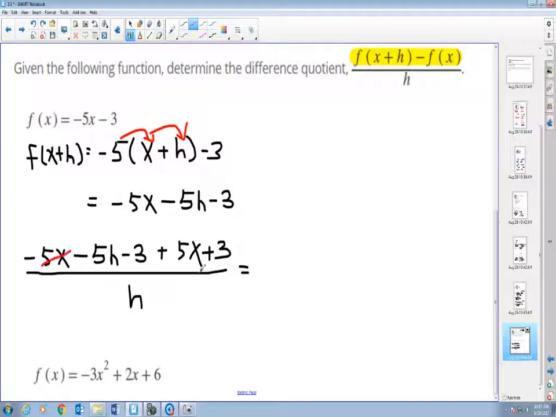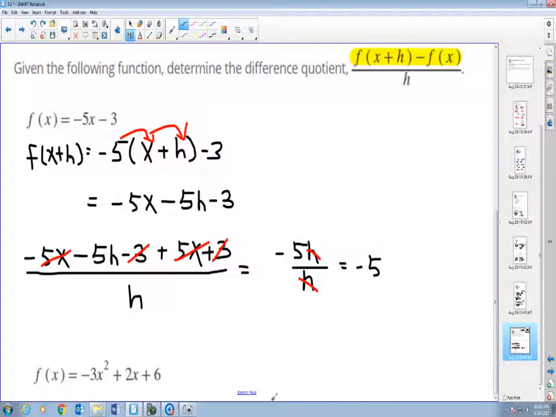The negative 5x plus 5x will cancel out. Negative 3 plus 3 will cancel out. So now I got negative 5h on top over h in the bottom. Since I already have one term over one term, I can reduce my h. So my final answer would just be negative 5.